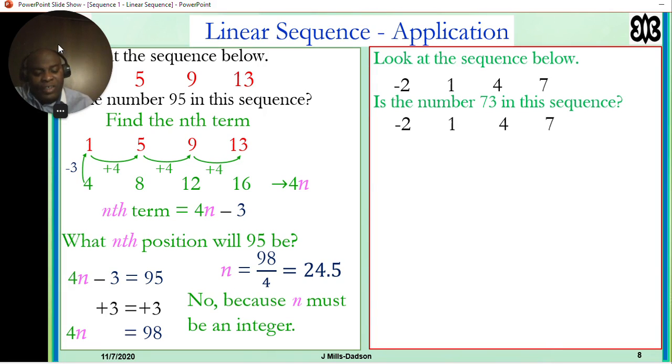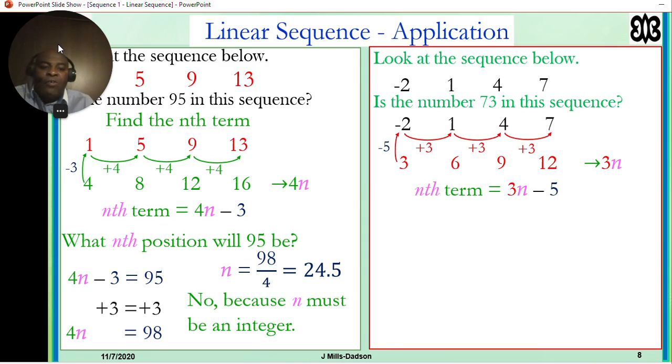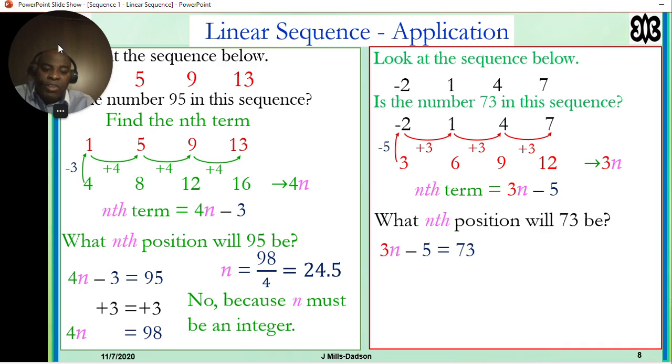Find the formula first. You should by now know the steps in finding the formula. Our formula is 3n minus 5. Let's find the position of the number 73 by equating 73 with 3n minus 5. We now solve for n. Add 5 to both sides.